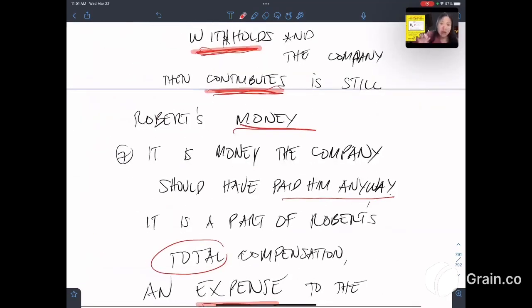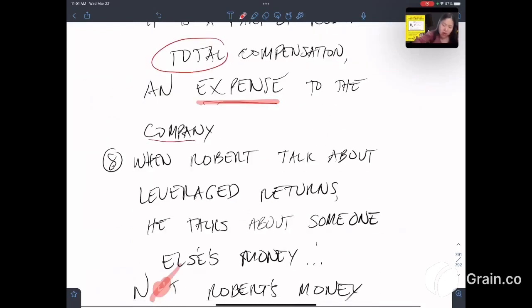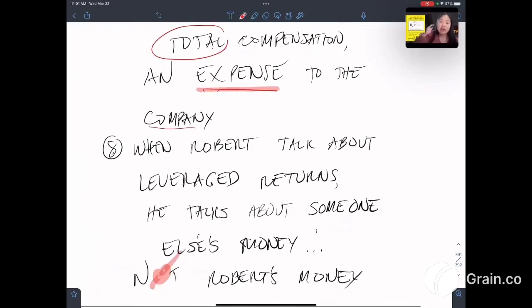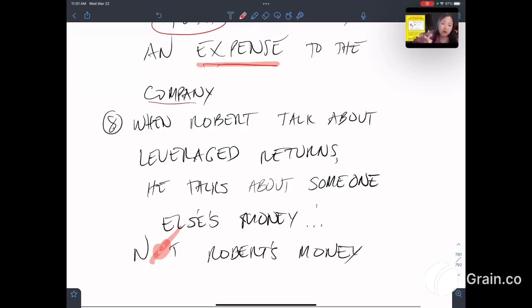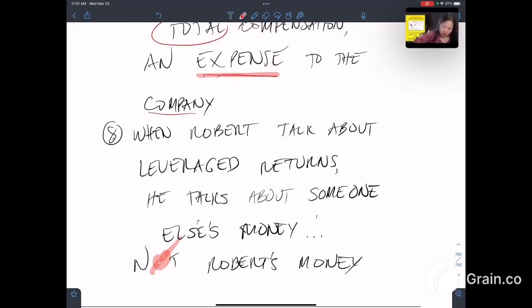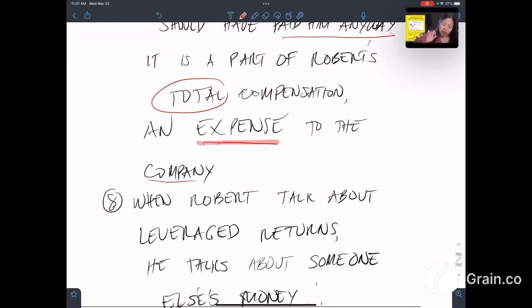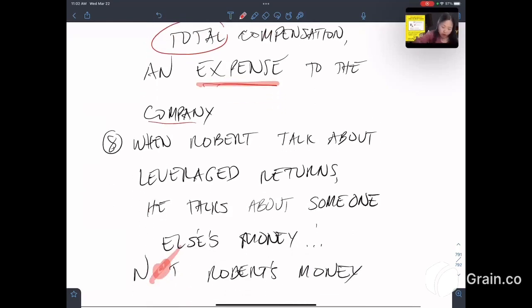And I never knew that until I read the book. I didn't realize that the matching is from my own money. I thought it was actually from the employer's money. But according to Robert, the company withholds it from your paycheck and then puts it back into your retirement account. So that is something new that I learned today, and hopefully you learned that too.